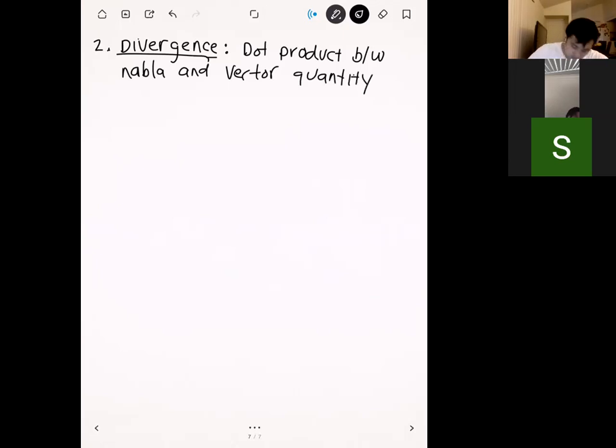Okay. And so let's say that we have something like this. Okay. And so the divergence is given by something that looks like this. We take nabla and we take the dot product with the vector. Okay. And then mathematically it's going to look like this.